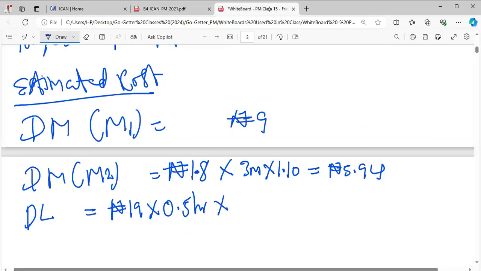So we'll include the 5% by saying times 1.05. This is the total amount you are going to be paying.